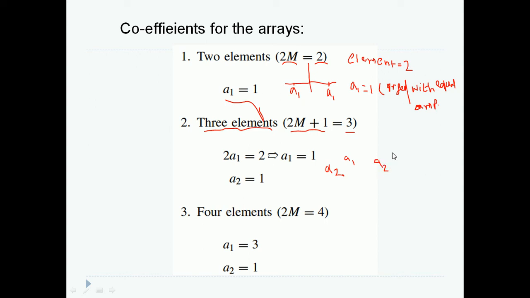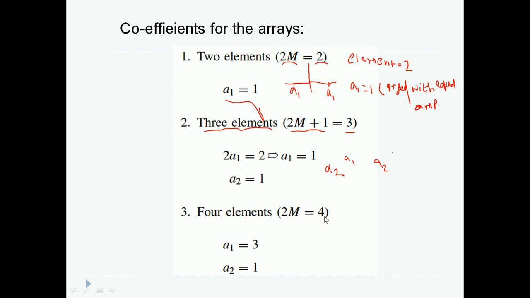Let me explain a little more clearly. I have A1 at the center because this will be at the origin. So I will be feeding an amplitude of 2 to A1, and A2 will have only amplitude 1. That is 1, 2 and 1, like Pascal's triangle.